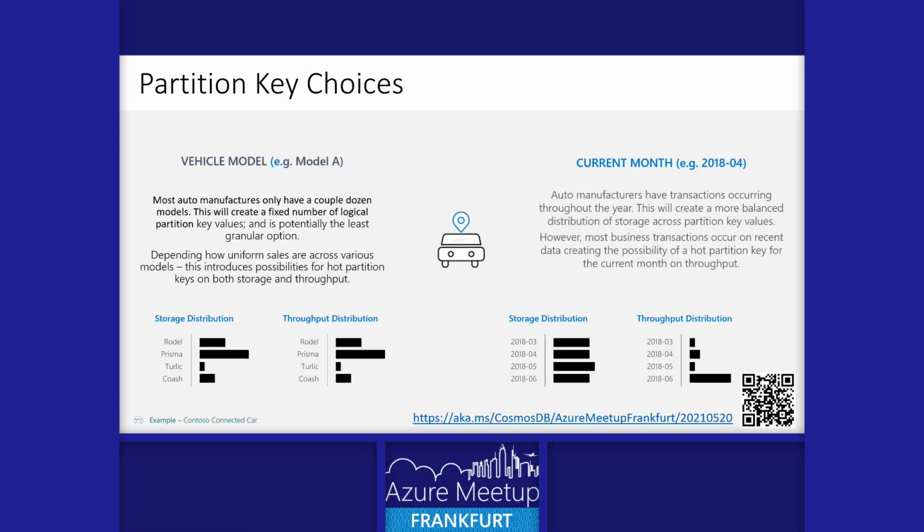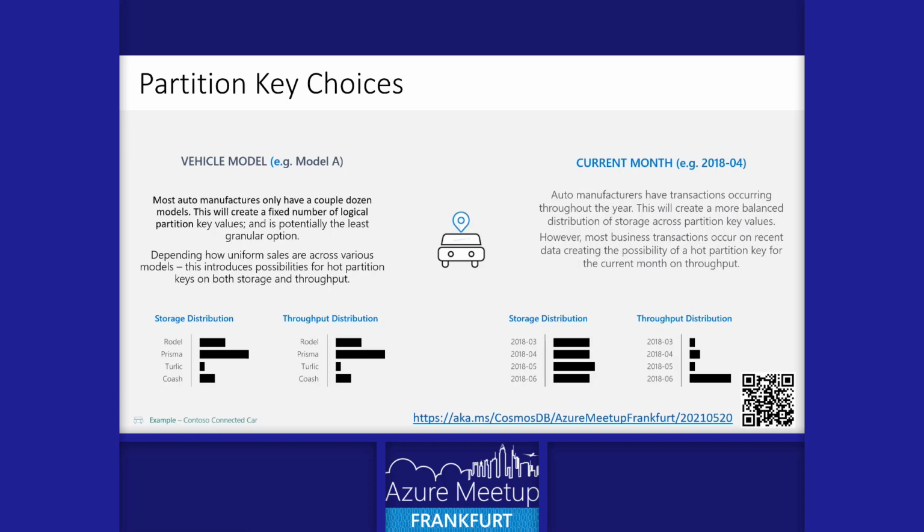If you use the current month and look at the storage distribution, you get a pretty much perfect distribution, assuming that every month has roughly the same number of events from all of those IoT devices. But when we look at throughput, it's absolutely horrible, because all the events are usually stored and ingested in the current month. So the current month will always have much more throughput than any of the other months.